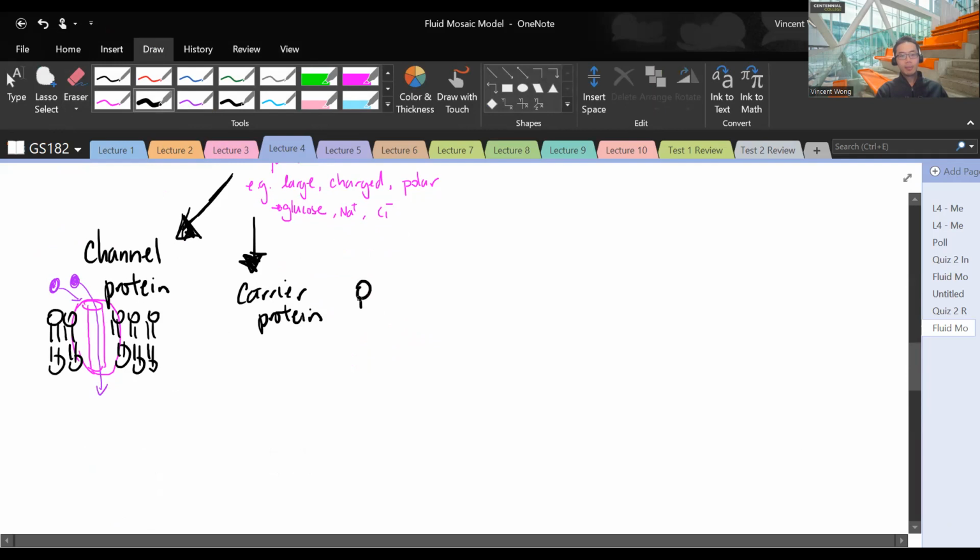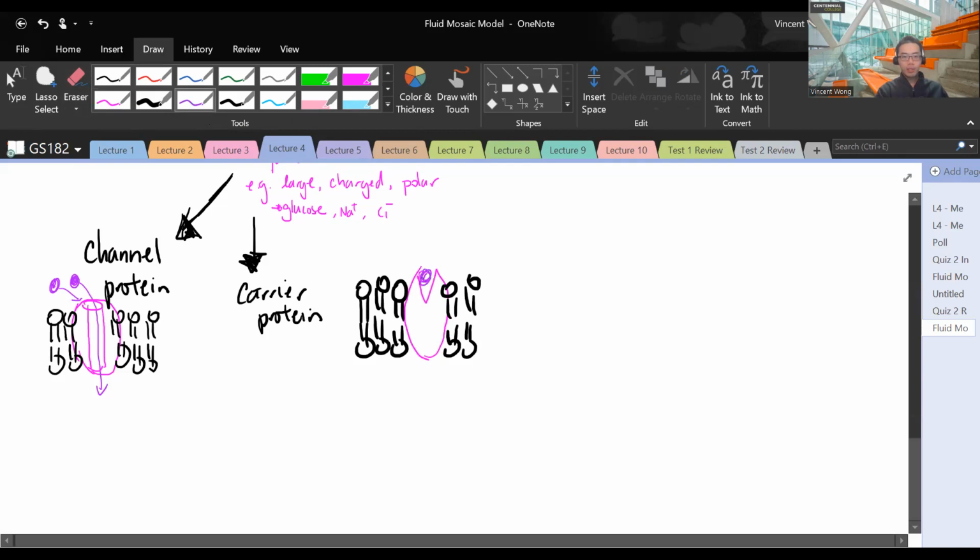The other one is carrier protein. In this case, the carrier protein is like a revolving door. It's like Pac-Man.